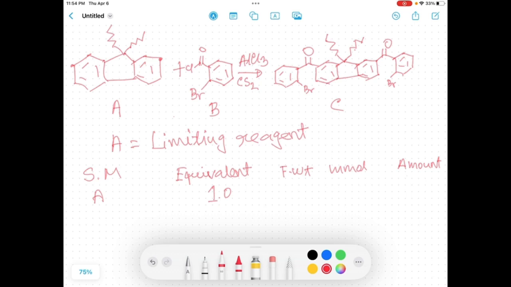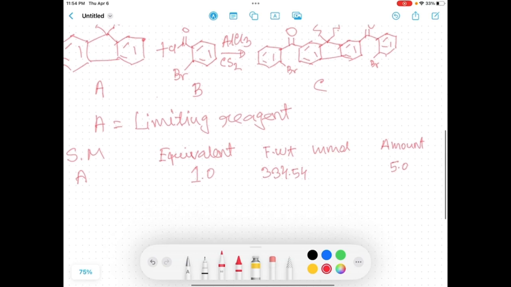And the formula weight of this molecule: A is called 9,9-dihexylfluorene, and its molecular weight is 334.54. Now if I want to do the 5-gram scale reaction, you can think of it as 5,000 milligrams.